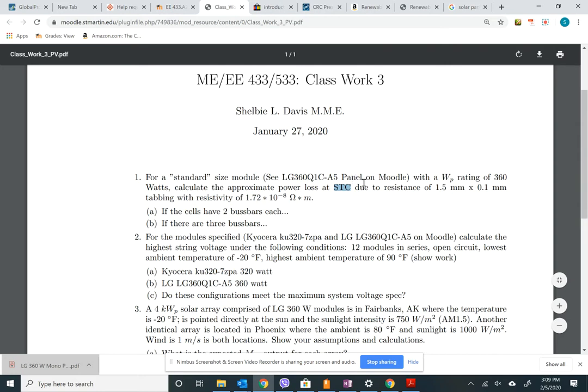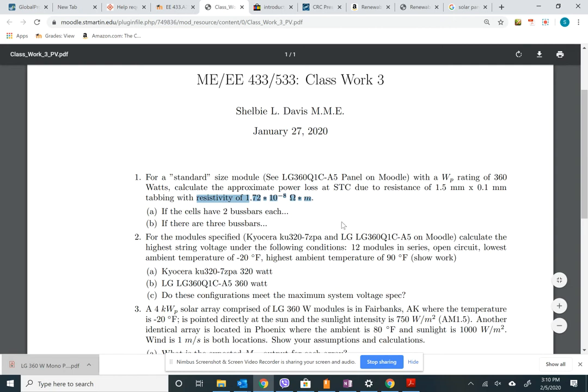Standard test conditions. It is the conditions that the panels are tested to in factory. Those ratings are on spec sheets for panels. So it gives the resistivity of the tabbing, and we have to figure out how much power loss we have.